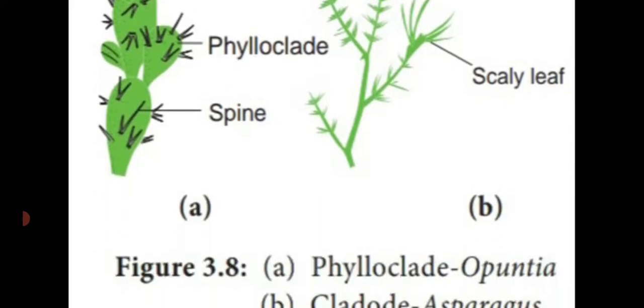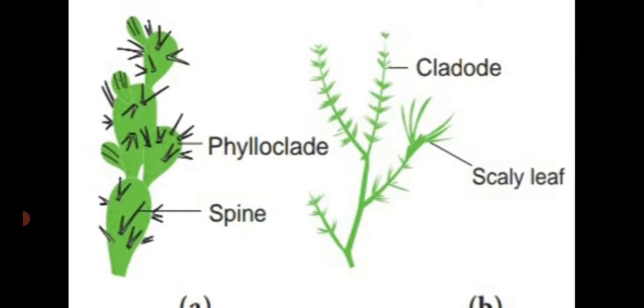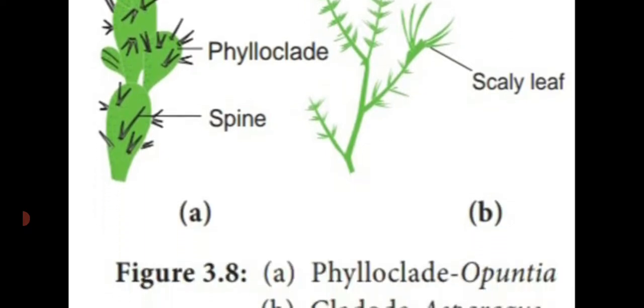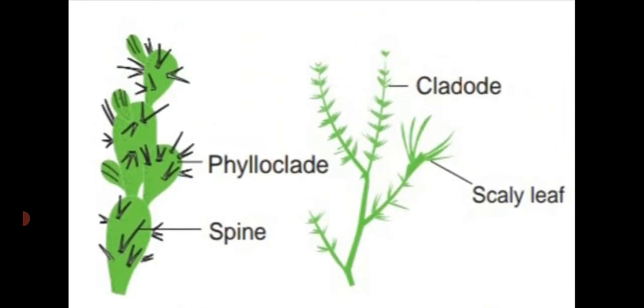Next one is the example of cladode, asparagus. Dear students, in this phylloclad, we are unable to differentiate nodes and the internodal region. So node is there, that means where the thorns are arising. That is, the leaf is modified into thorn.